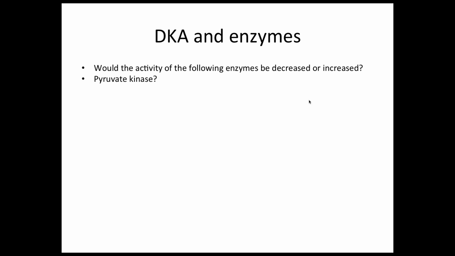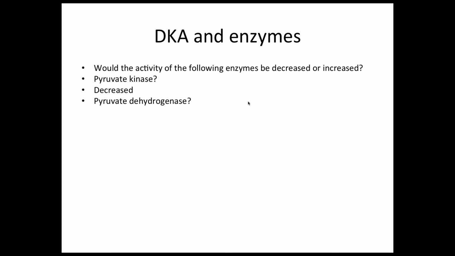So pyruvate kinase. Would the activity of this enzyme be up or down in DKA, MJ? Going to be down. At first I couldn't figure it out, and then I thought, because it's a diabetic patient, they cannot use glucose, so glycolysis activity should be decreased. Perfect. Pyruvate dehydrogenase, Minali.